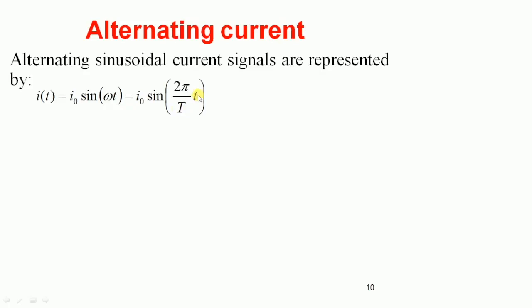It is a dimensionless quantity, and over one complete cycle, when t rolls from 0 to capital T, if you replace small t by capital T, it is sine of 2 pi. So this is how one complete cycle is represented.